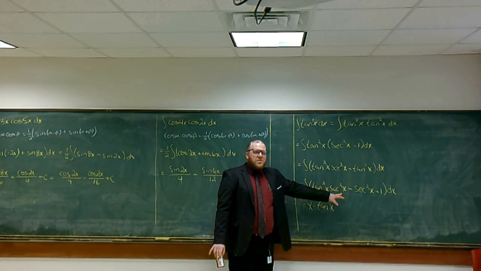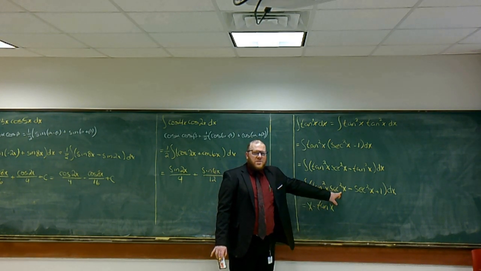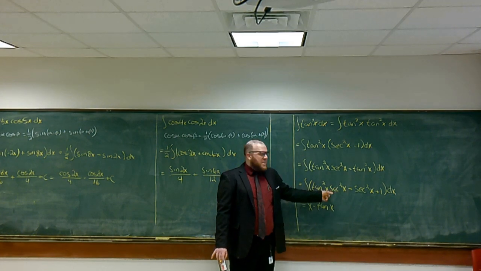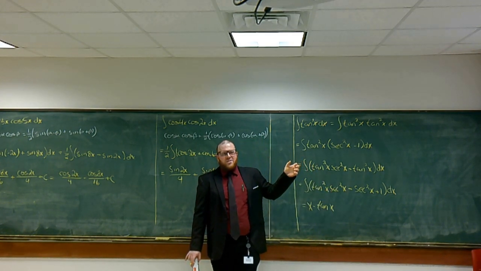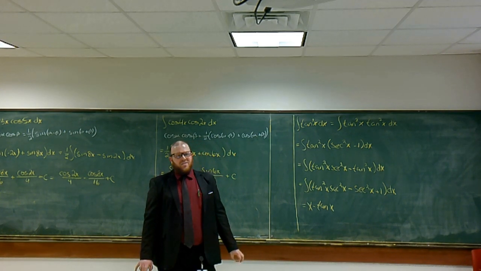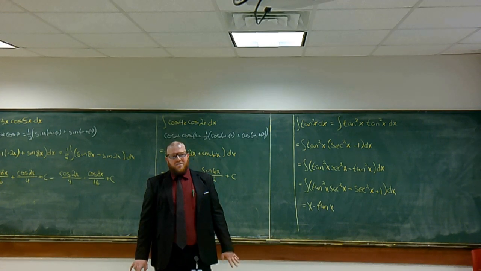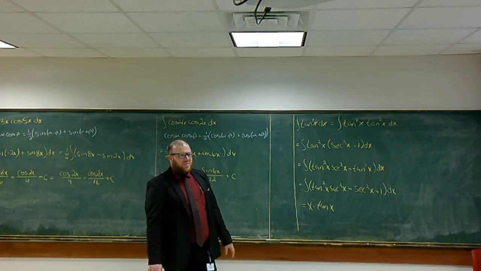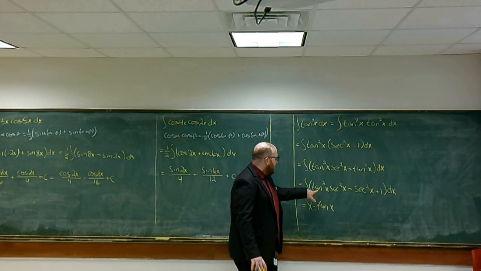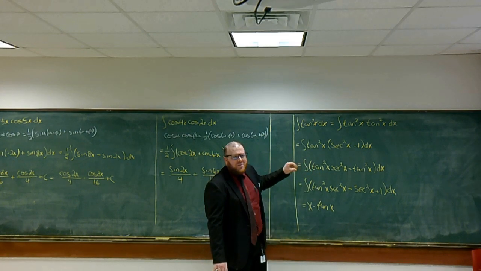This is a u sub. Let u be tangent. There's your secant squared. What's the antiderivative of u squared? Because this is u squared du. So what's the antiderivative of u squared?